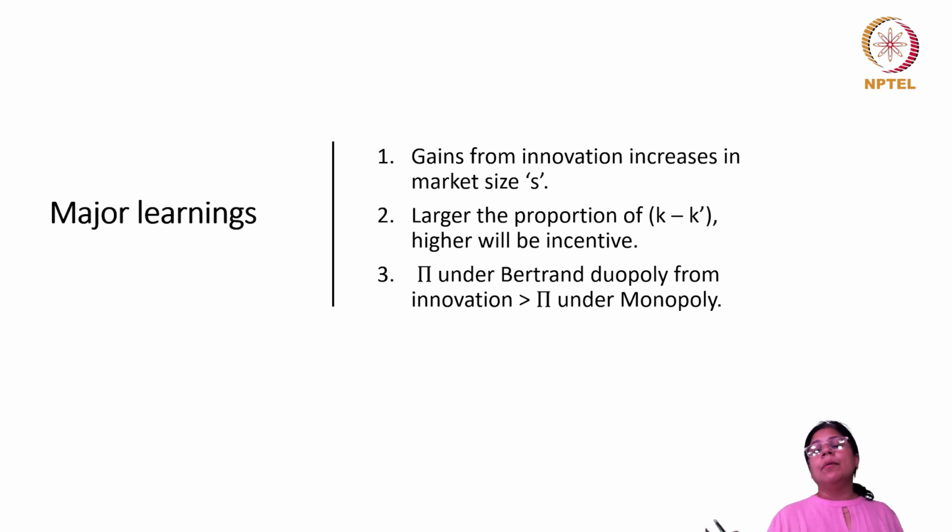The bigger the market size, the more incentive, more gains are going to accrue to a monopolist or a Bertrand competitor as the market size increases. Clearly, the incentive to innovate will also be larger the more radical the innovation that we are talking about, that is, the difference in terms of reduction in the marginal cost envisaged through that particular innovation. Lastly, profit under Bertrand duopoly from innovation is going to be larger than that under the monopoly.